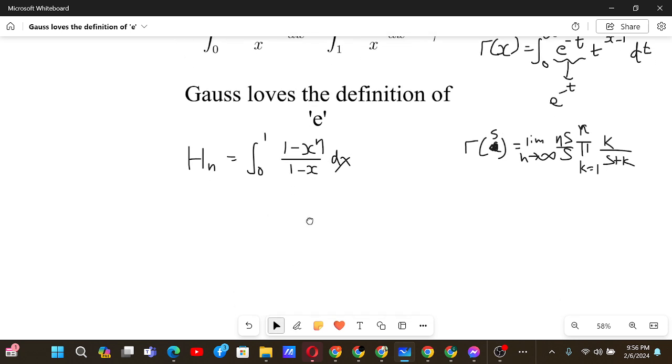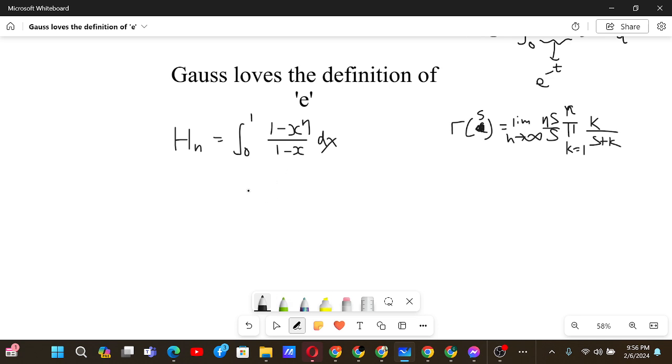Now he lets t be 1 minus x. That gives us the integral going from 1 to 0 of (1 minus t to the power n) over t, and then minus dt.